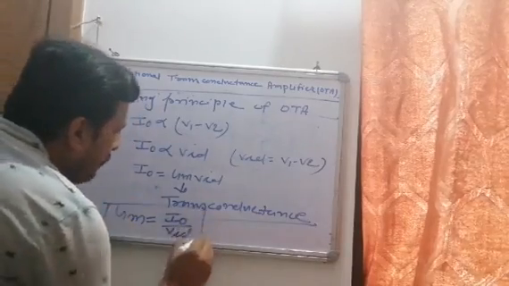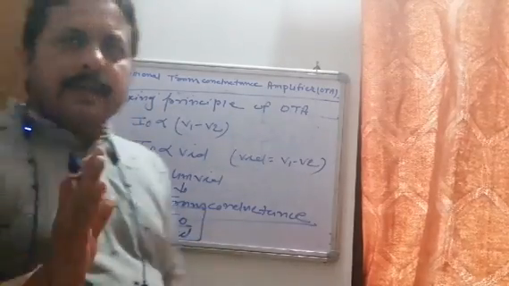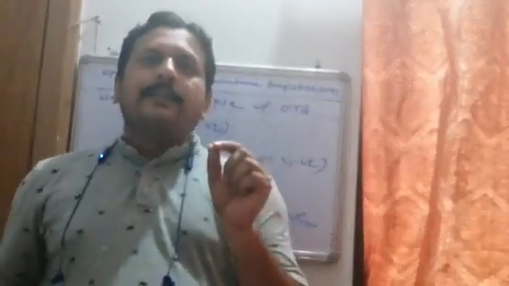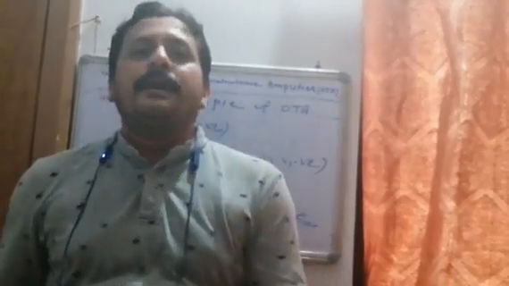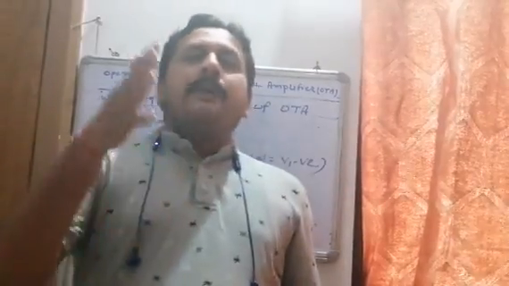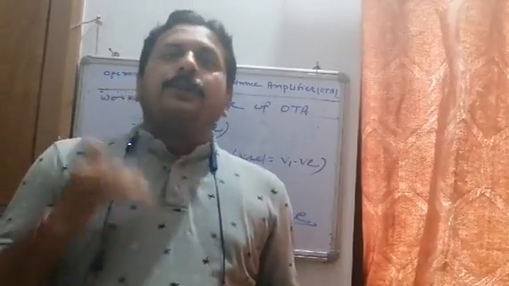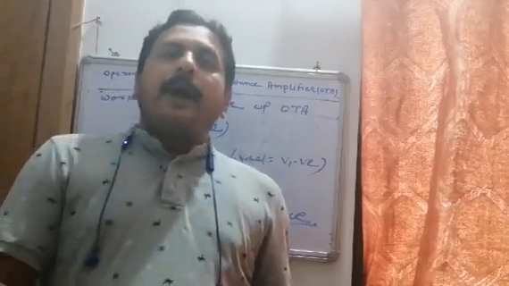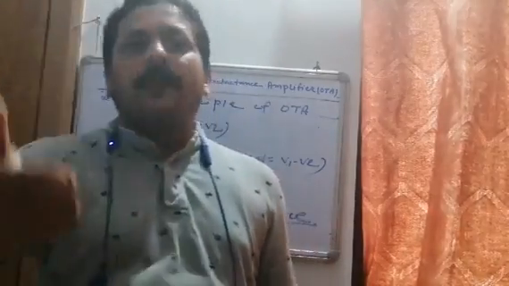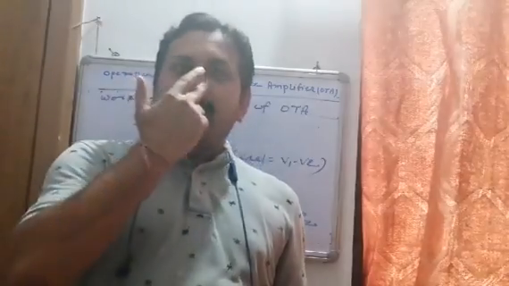So look at the basic concept of transconductance. What is the meaning of transconductance? First I will see what is the meaning of conductance. Basically conductance is current divided by voltage. It is the opposite of resistance. And transconductance is related to the transfer function. Transfer function means output divided by input.